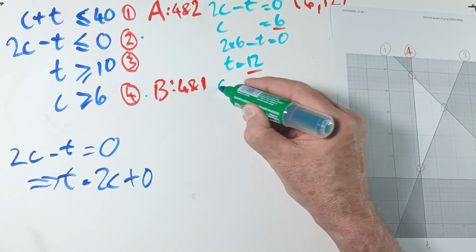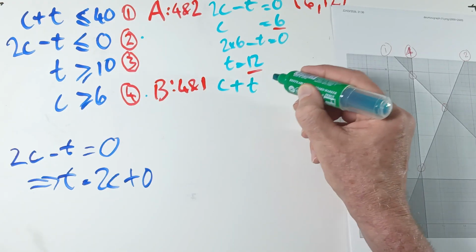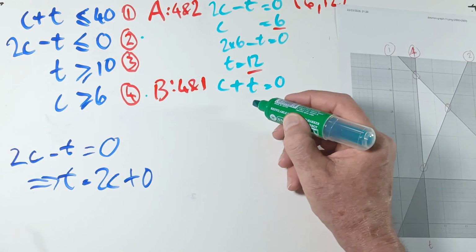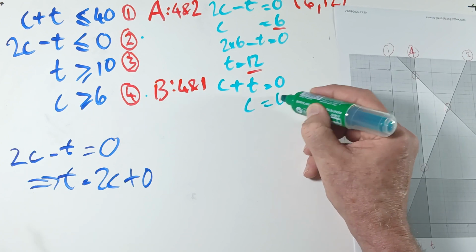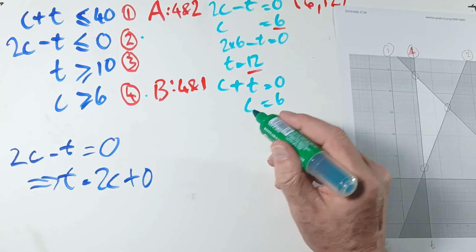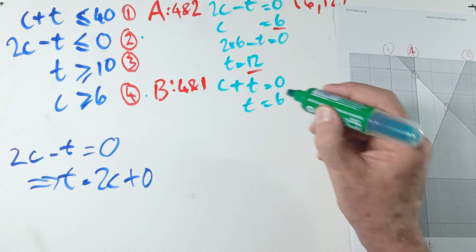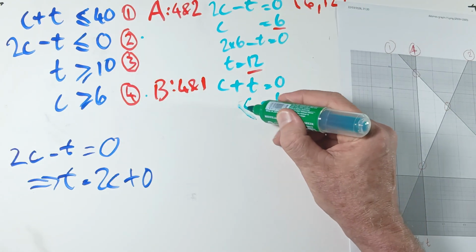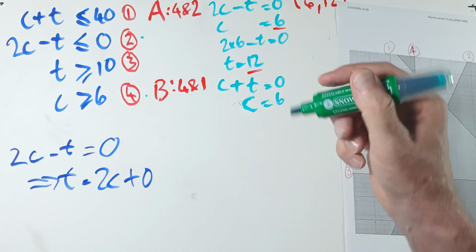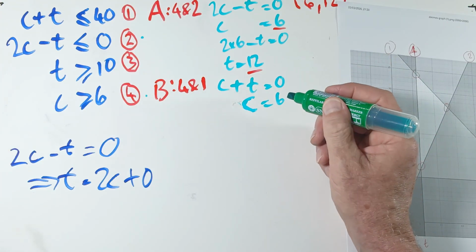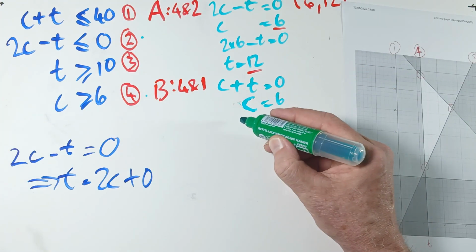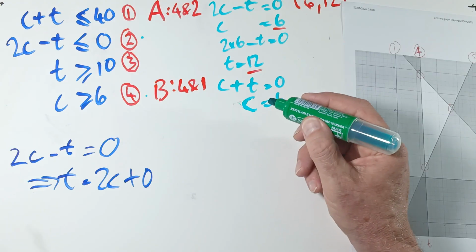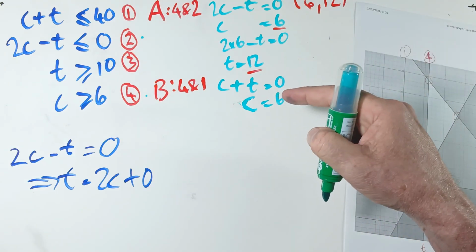One is, and 4 is, whoops, that's C, sorry, C is equal to 6, so what am I doing?